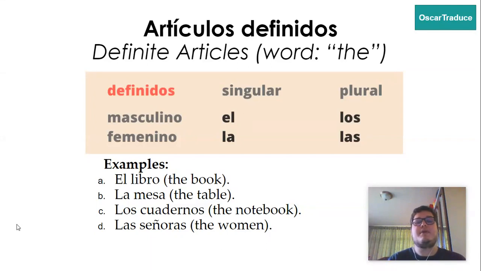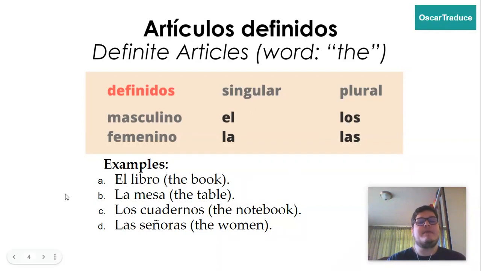So for the singular masculine, we are going to use el. Then we have the word la. This is feminine singular. Then we can continue with the plural: los for masculine and las for feminine. El, la, los, las.